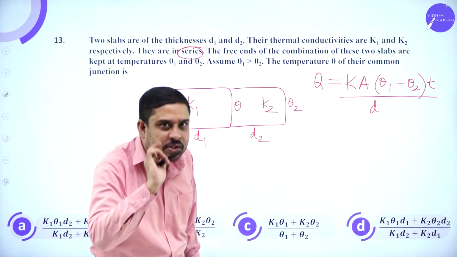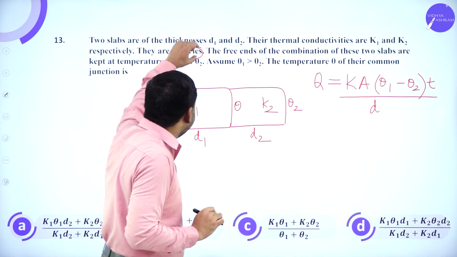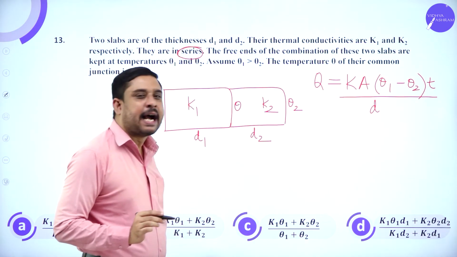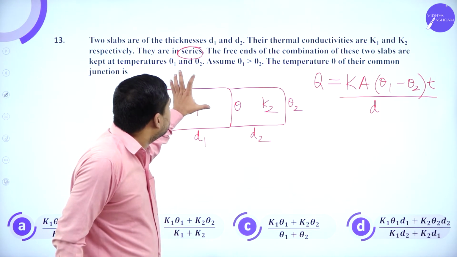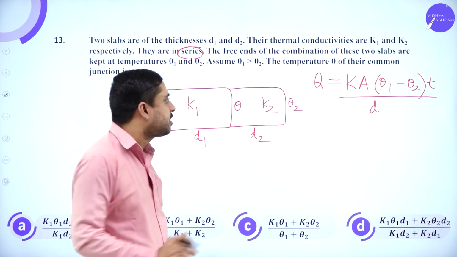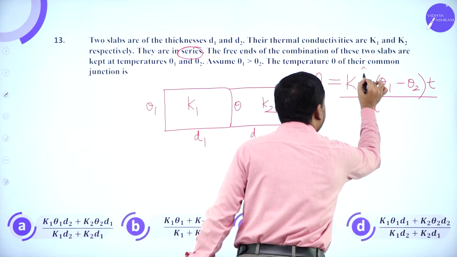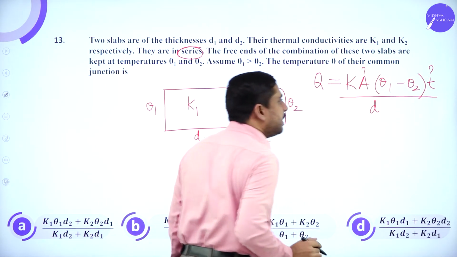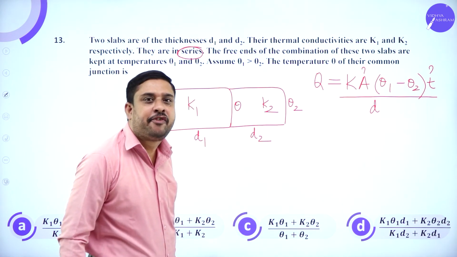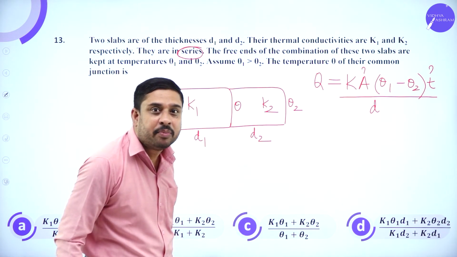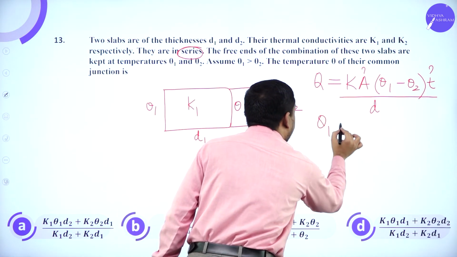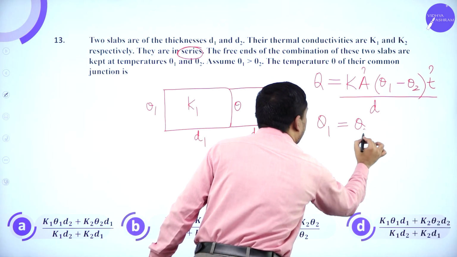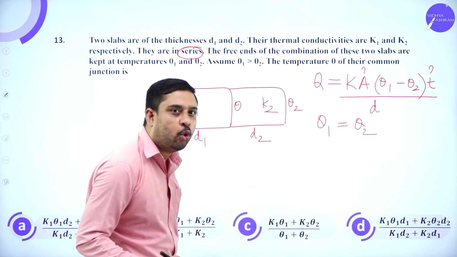Now understand very clearly, he says connected in series. Because of that, the area will be the same, and the time for heat flow will be the same. And therefore we write Q1 is equal to Q2.